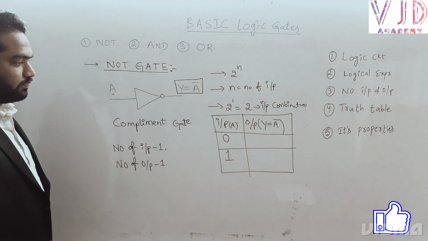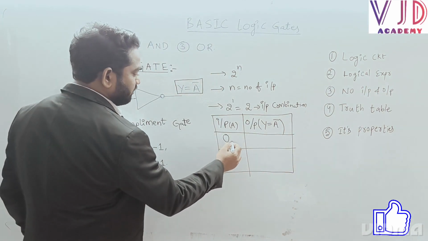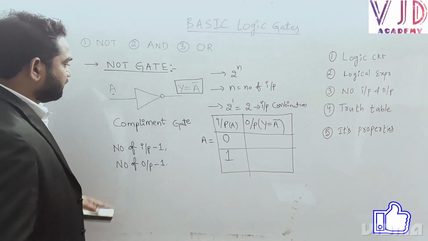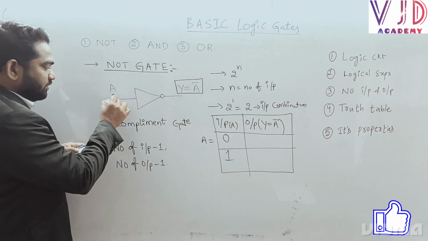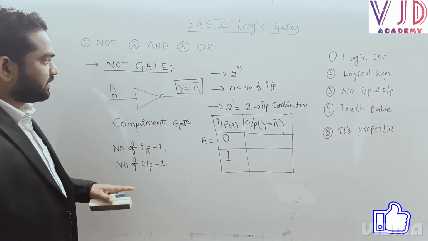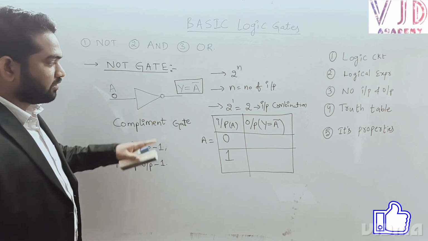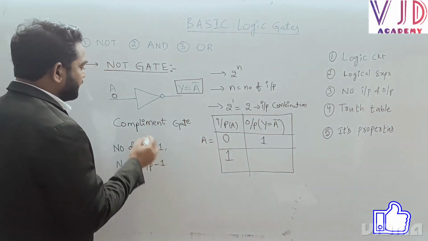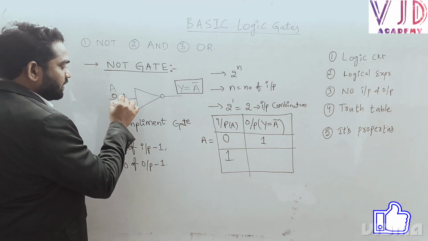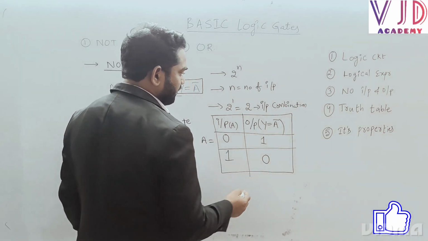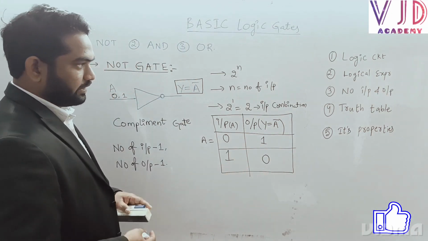When I give A equal to 0, what will happen? When I substitute 0 here, automatically it will complement, it will get the opposite, because it is acting as a NOT operation. So output will be 1. And when I give A equal to 1, automatically output will become 0. This is called the truth table of NOT gate.